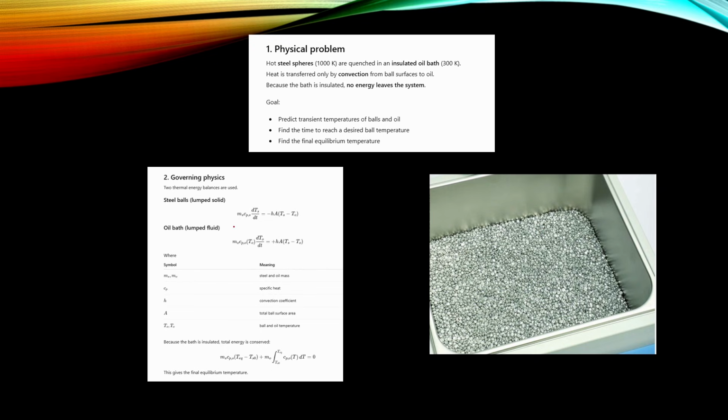So we can write that the ball temperature is changing because of this convective heat transfer from those balls to oil, and the oil is warming up because of that heat transfer. And this is our equation what we need to solve now.